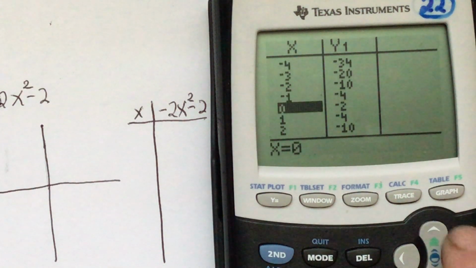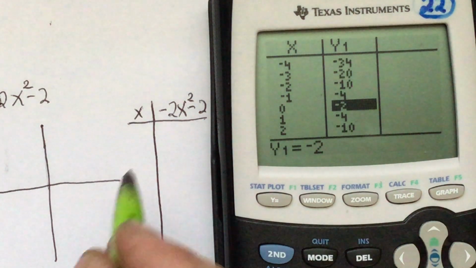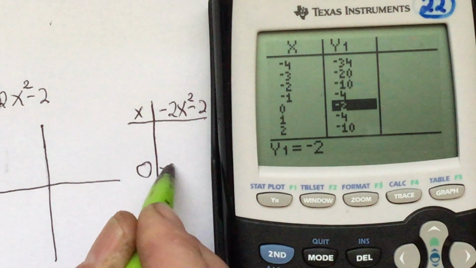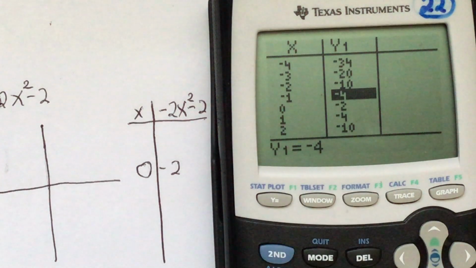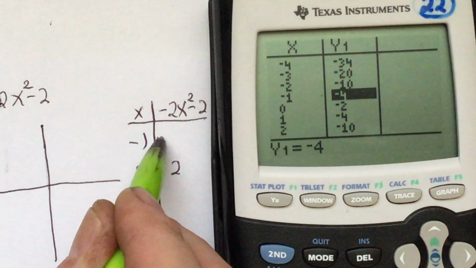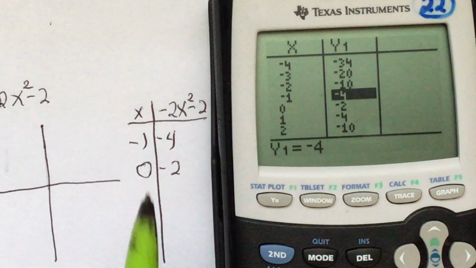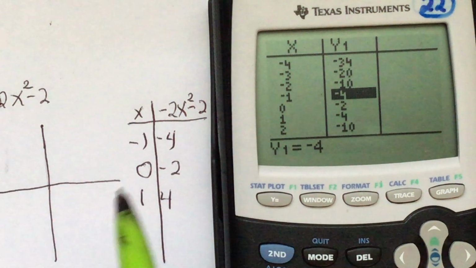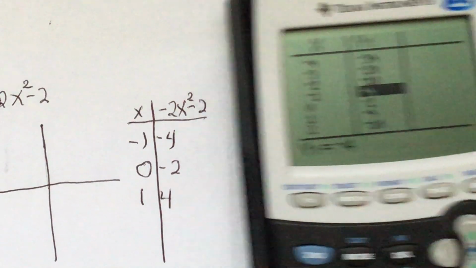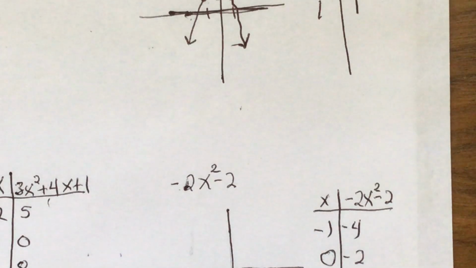All right, here's 0, and that gives me -2, so that's going to be my middle one. Right above that is -1, -4. And right below that is +1, +4. Now I can go plot those points. -1, -4.